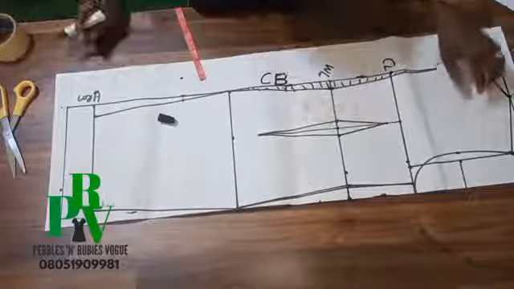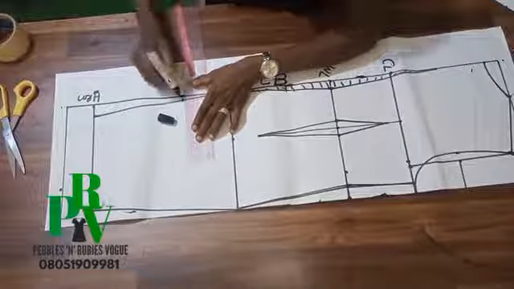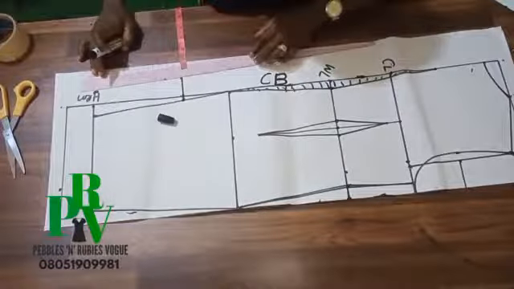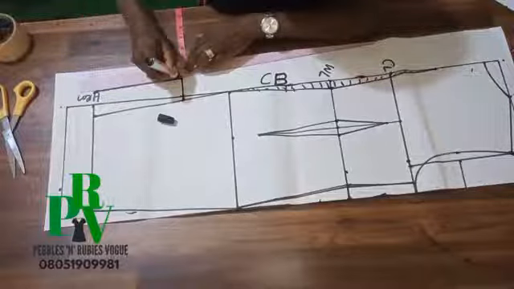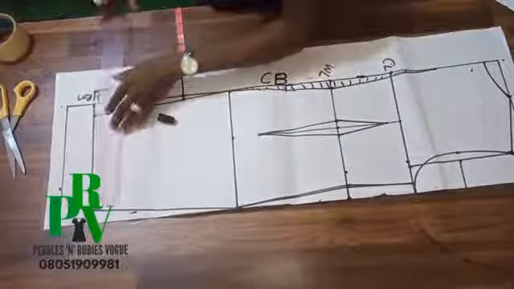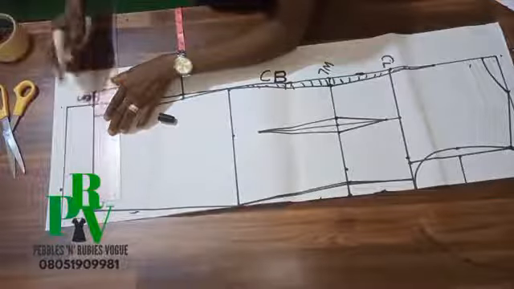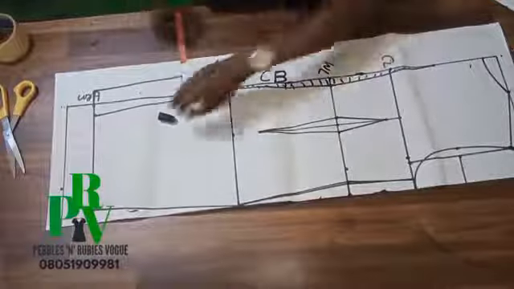Okay, so I'll connect my measurements. I'll connect this like so, and then I'll connect it down to the hem. So here is our back vent for the back block.